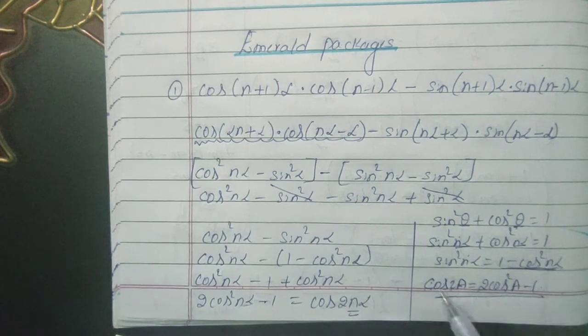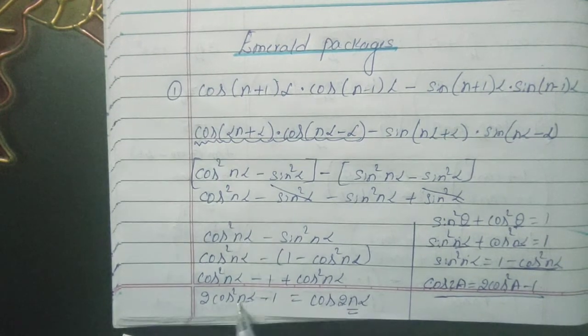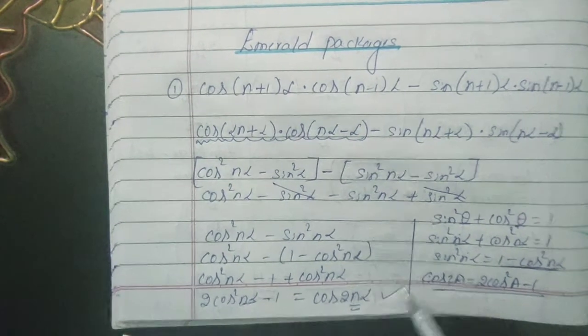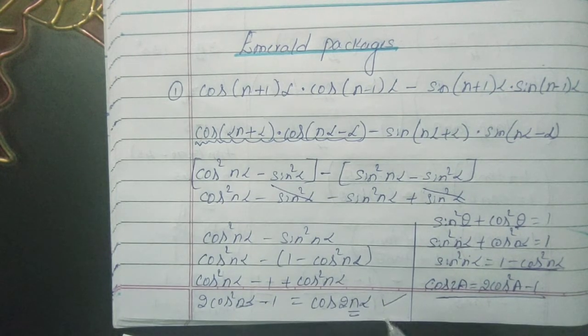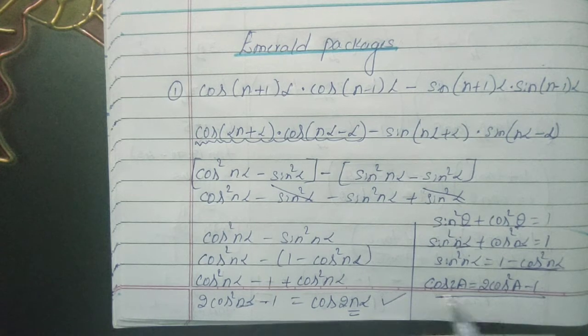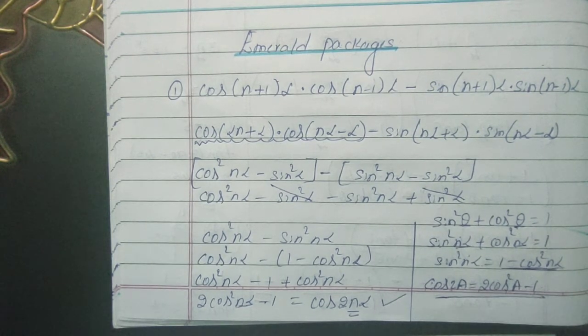This you can write as cos 2 n alpha. So this is your answer. Okay? This is your final answer. You can choose the option. So this formula you will learn in the next lesson.